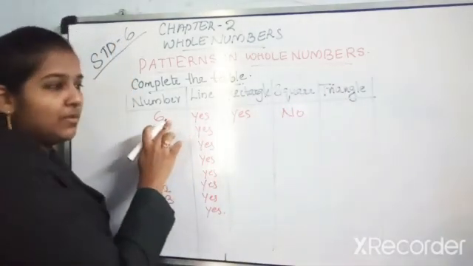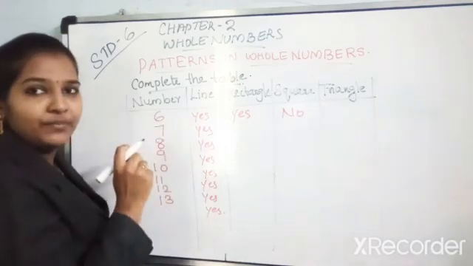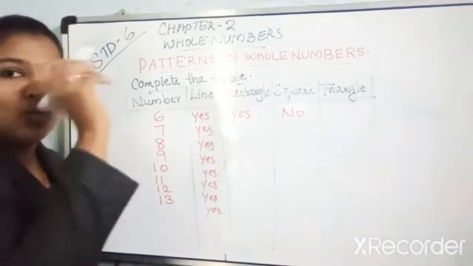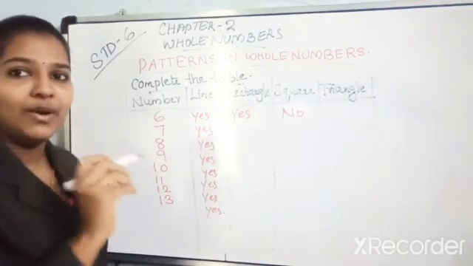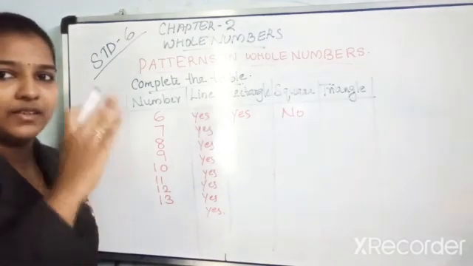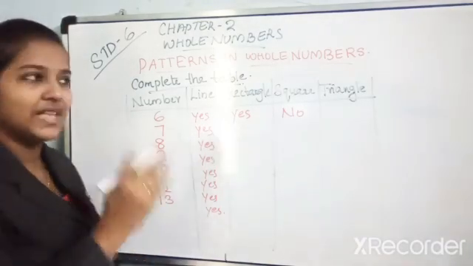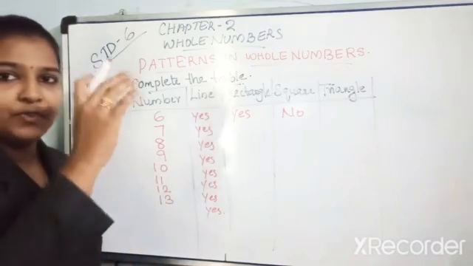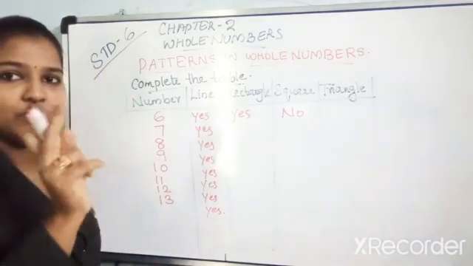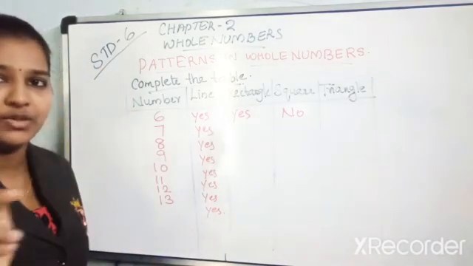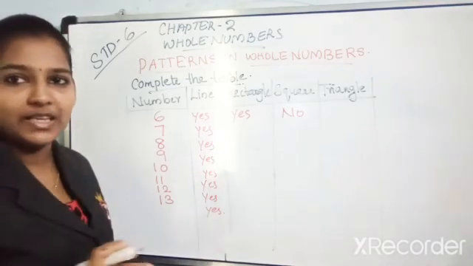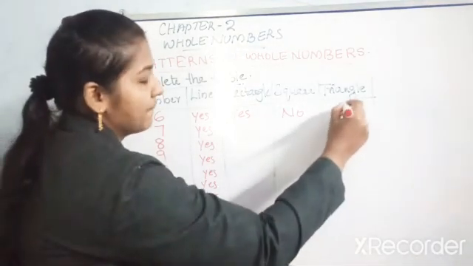Then can the number 6 be arranged as a triangle? Yes, because 1, 1, 2, 1, 2, 3. Isn't it? In this form we can arrange the number 6 as a triangle. In the first row 1 dot, second row 2 dots, third row 3 dots, which shows number 6. So yes.